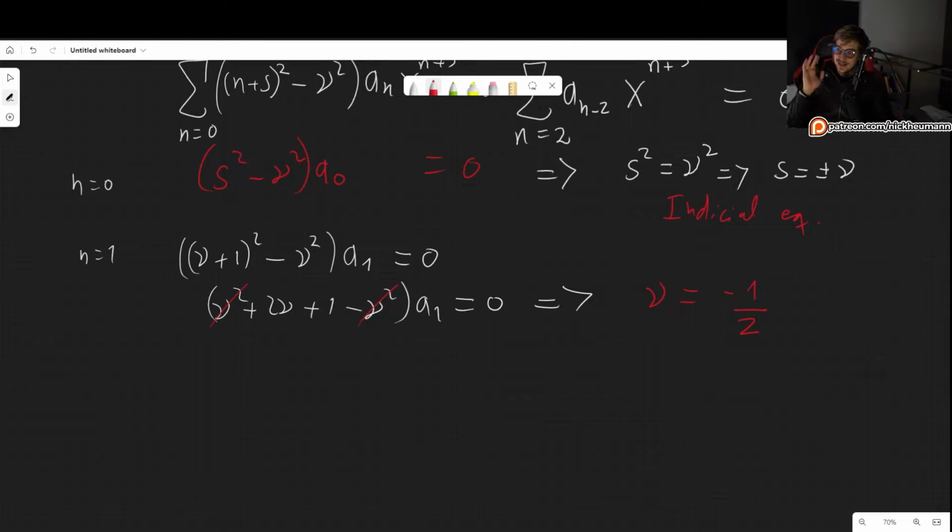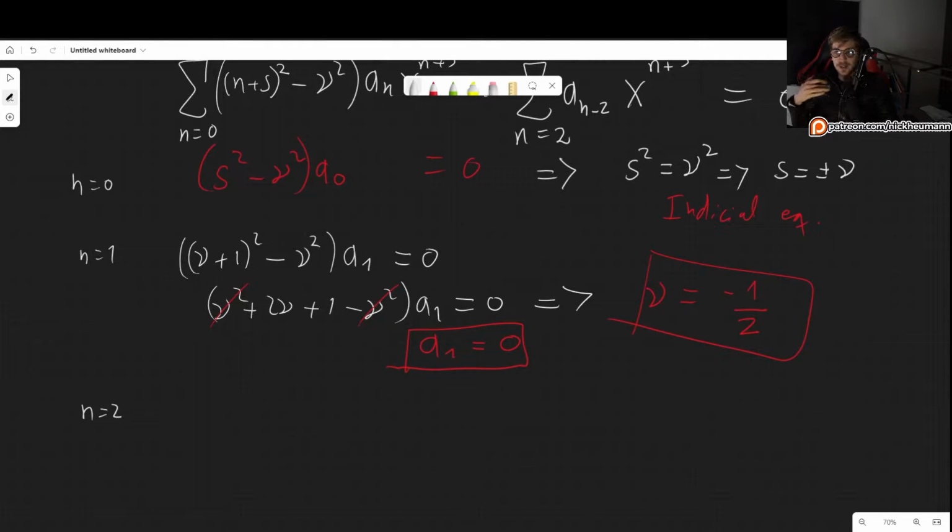So unless nu is exactly minus 1/2, then we need a_1 to be equal to 0. Only the very special case, nu is equal to minus 1/2. This is not really necessary, but we will take a_1 equal to 0 because otherwise we restrict ourselves in terms of the solutions. Now let's go for n equals 2.